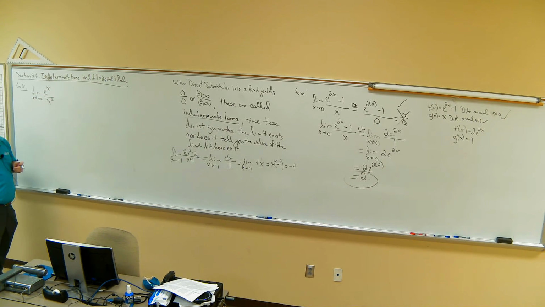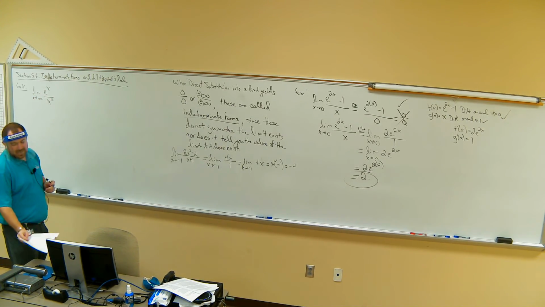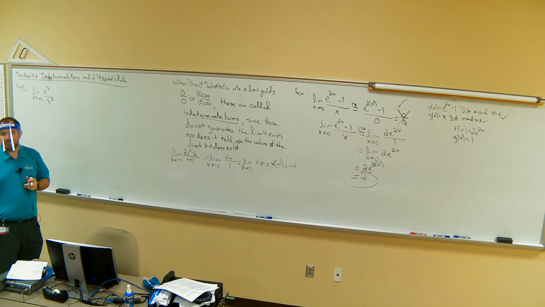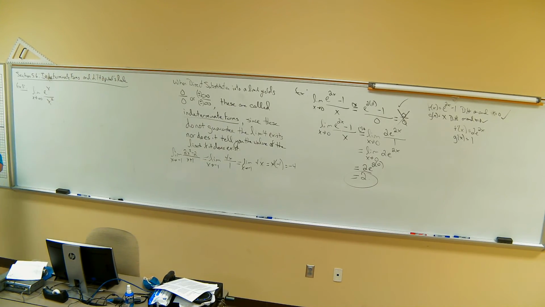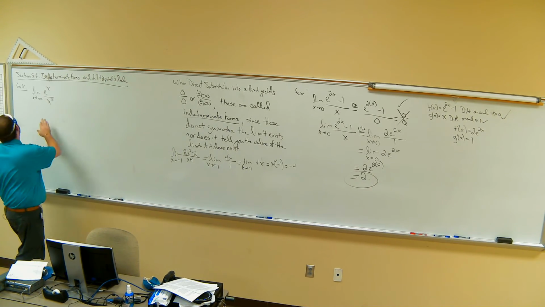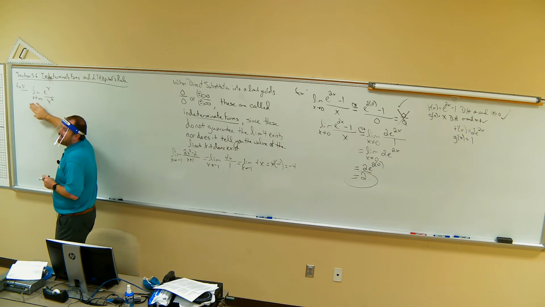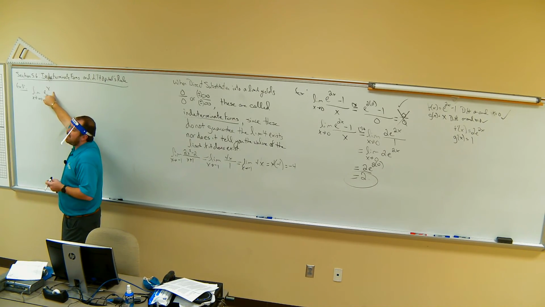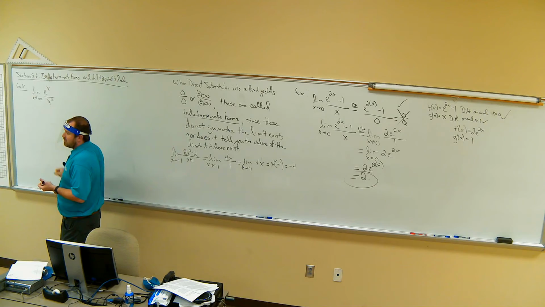How about this one? Limit as x goes to infinity of e to the x over x squared. Now here, we can't direct sub in infinity because infinity is not a number.